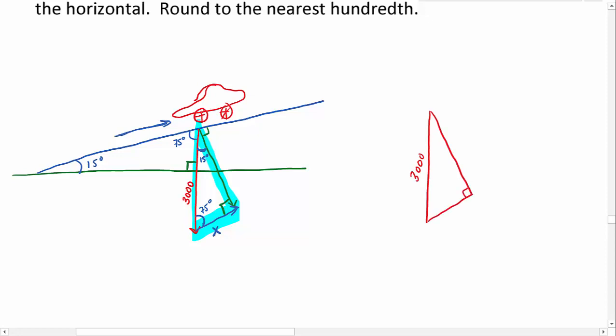My right angle, angles of 75 degrees, 15 degrees, and what we're looking for is this bottom side x. If I use the 15 degrees as my reference angle, side x is opposite, and the 3000 is the hypotenuse, so I can just use SOHCAHTOA here.